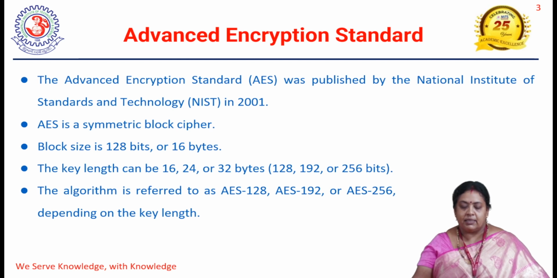So the key length can be 16, 24 or 32 bytes, that is 128, 192 or 256 bits. Suppose we are using a 128 bit key, then we call this algorithm AES 128. If we are using 192, we call it AES 192. And if we are using a 256 bit key, then we call it AES 256.